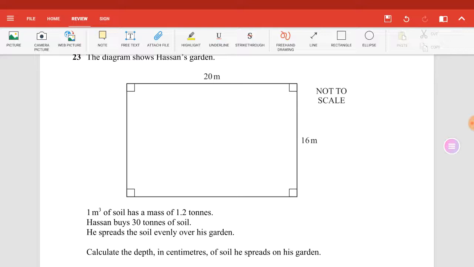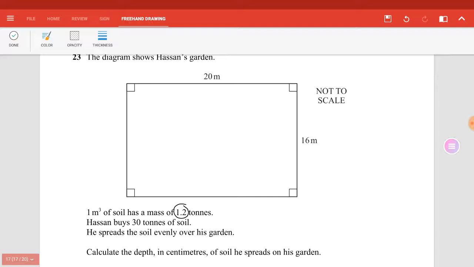To get this question, imagine if you have a pool in your villa, and the dimensions are 16 and 20, and you don't know the depth. If I gave you 1.2 tons, he buys 1 meter cube, 1.2 tons.